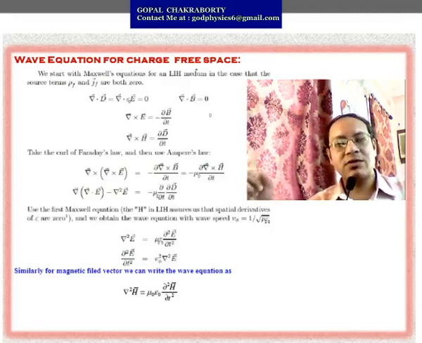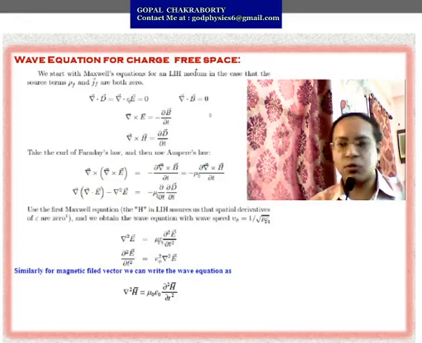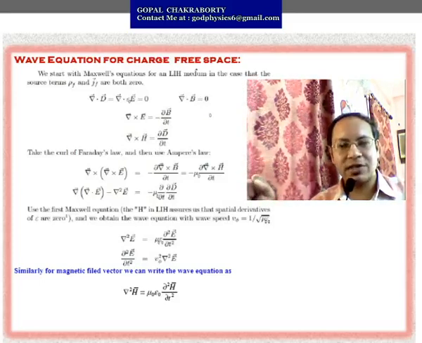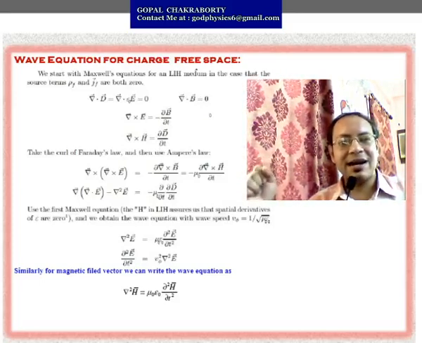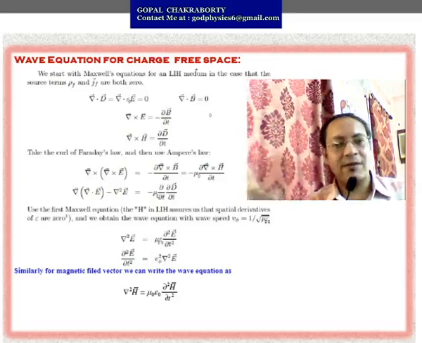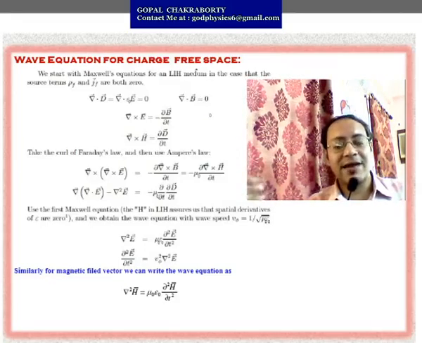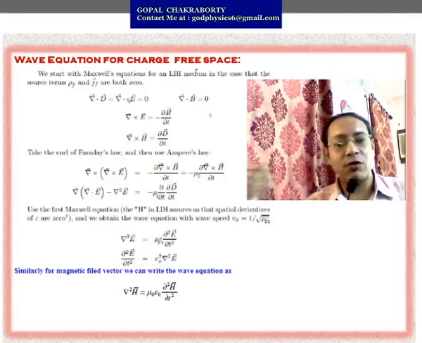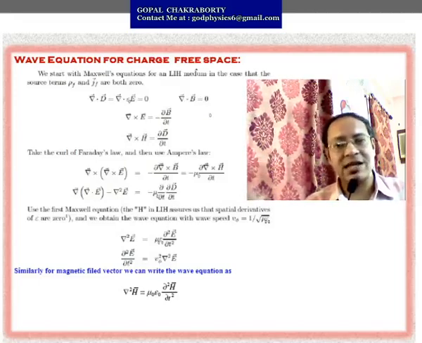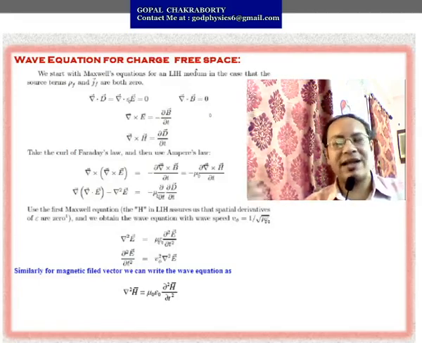So you take the curl on both sides of the third equation. After taking the curl, on the right hand side you substitute the value of del cross H from equation 4, and that will give you the wave equation for electric field.